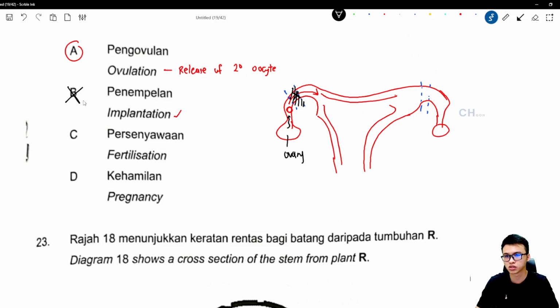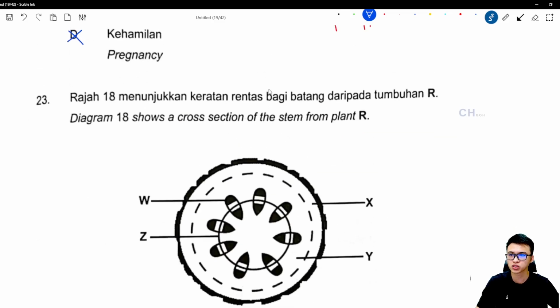So B is not the answer. How about fertilization? Fertilization will not occur as well, because the sperm cannot move through the fallopian tube and meet the ovum and fertilize it naturally. And pregnancy is definitely not one of the answers. So B, C, D are wrong. The answer should be A.